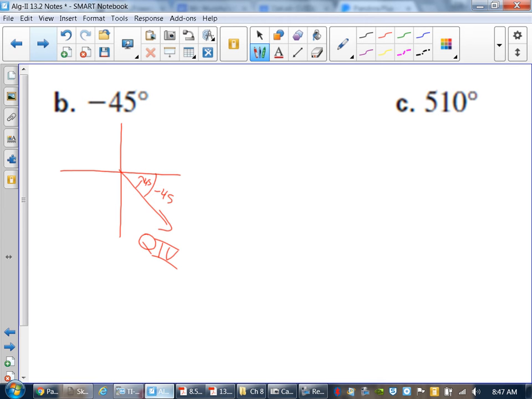510. That's weird. Is 510 past one revolution? Yeah. How many degrees is one time around? 360. So you're going to spin around until you get to 510. If I go around 360 degrees, how much further do I have to get to 510?